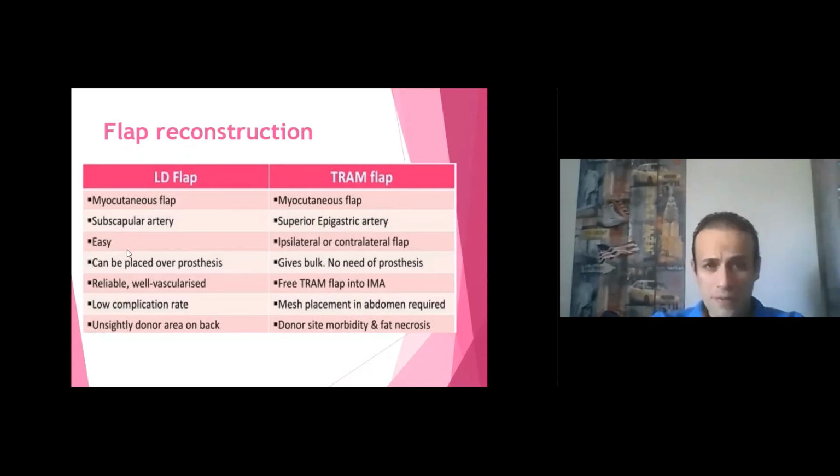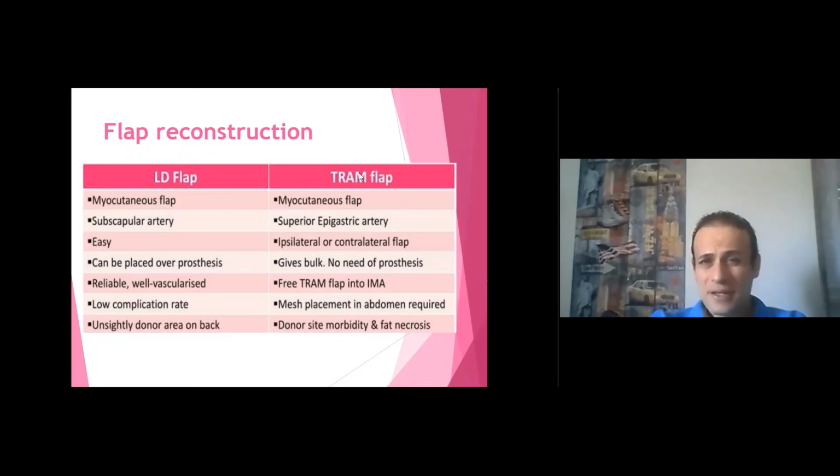It is favorable, easy, and with few complications, but we may need an implant because the latissimus dorsi flap is small, and for symmetry with the other side, we may need a prosthesis, an implant.